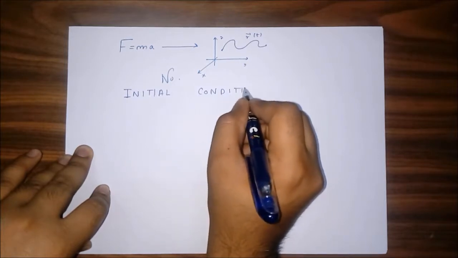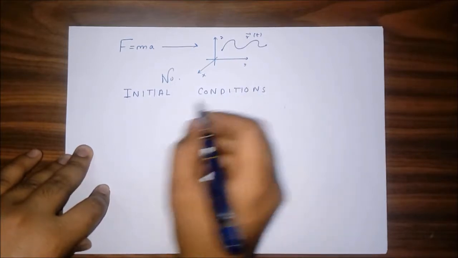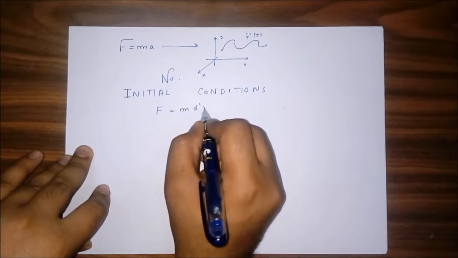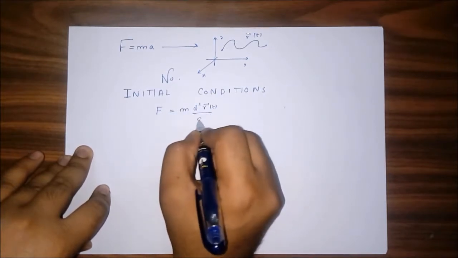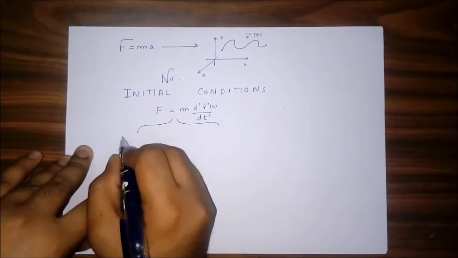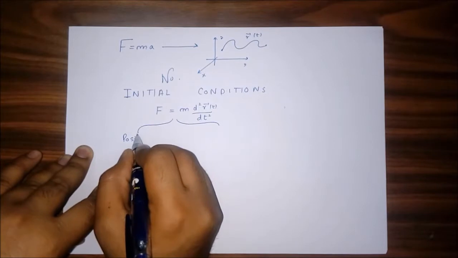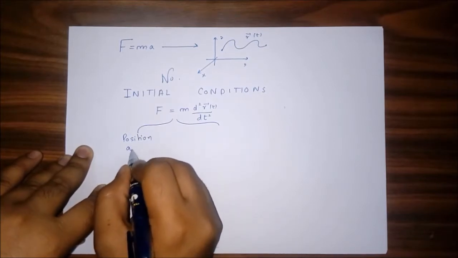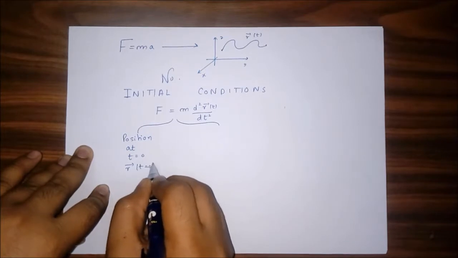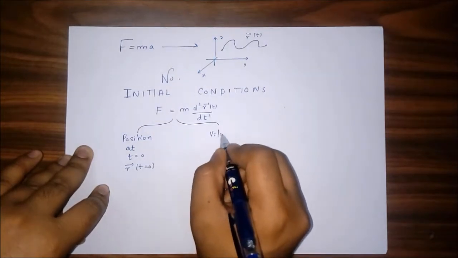The two initial conditions for F equals ma are the position at time t equals 0 and the velocity at time t equals 0.